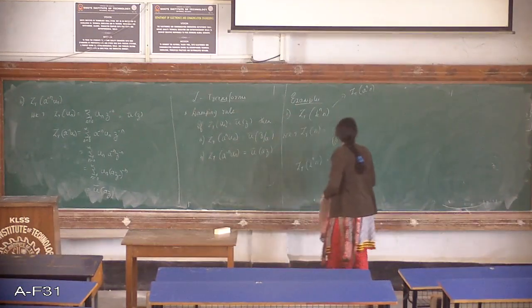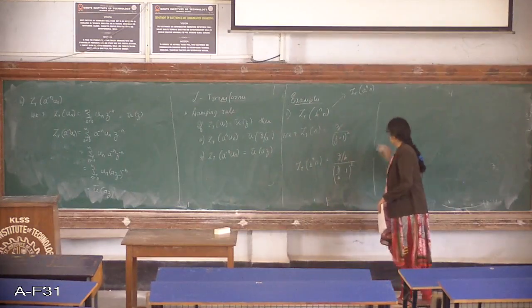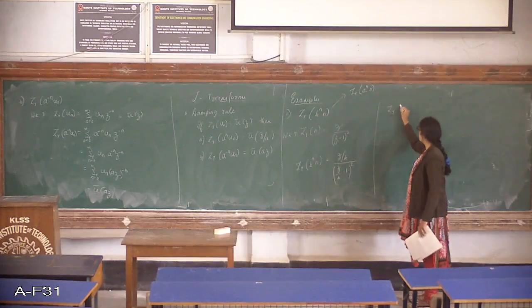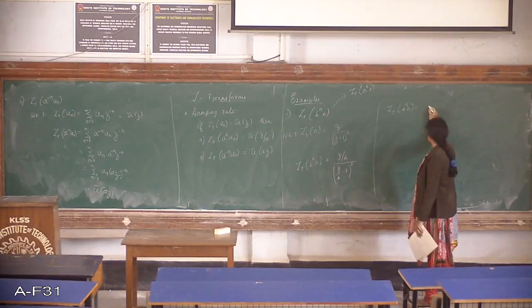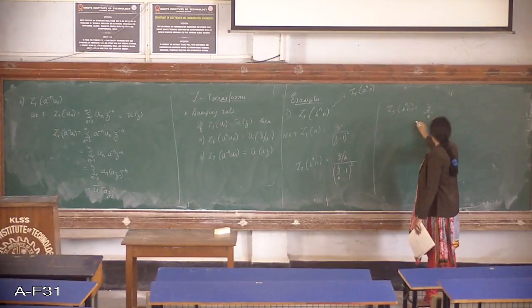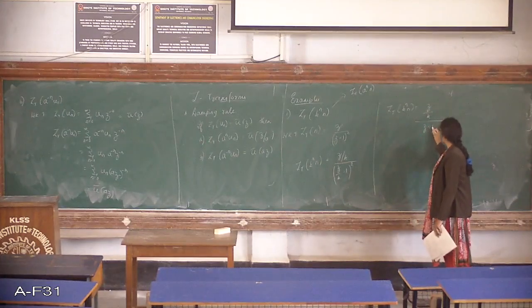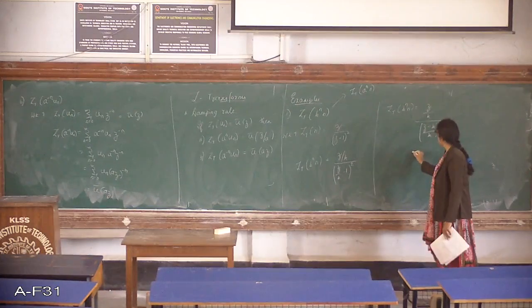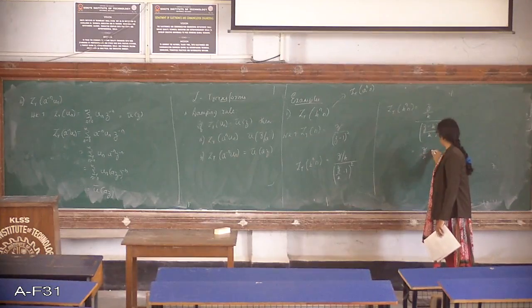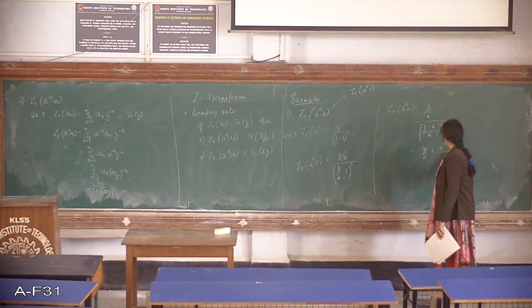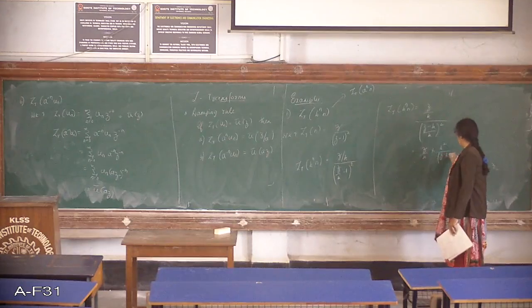Now the next thing is to just simplify this further. That is, I shall have the z transform of k raised to n into n to be equal to z by k whole divided by, if I take the LCM and simplify this, z minus k by k the whole square, or further this is z by k into k square divided by z minus k the whole square.